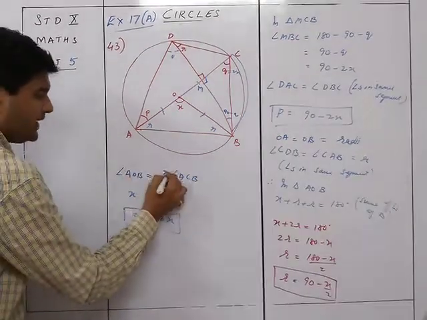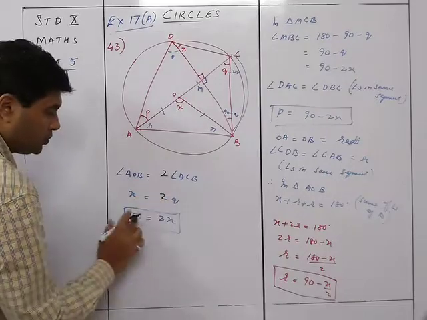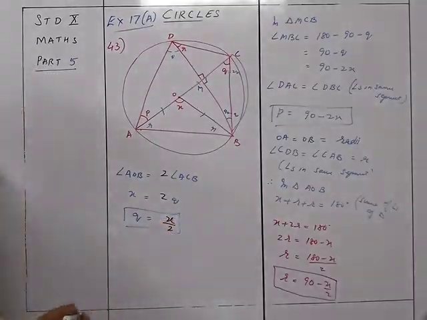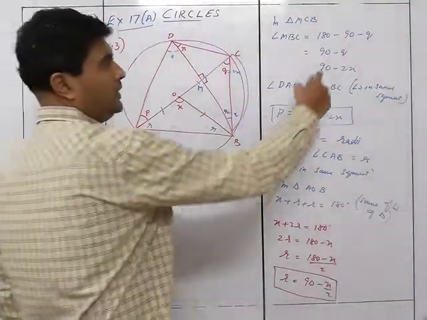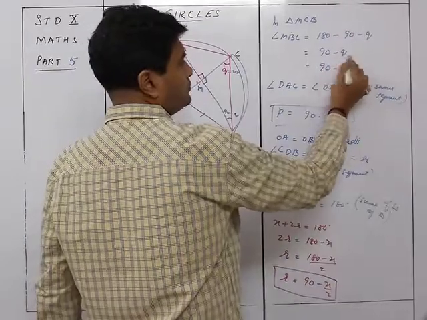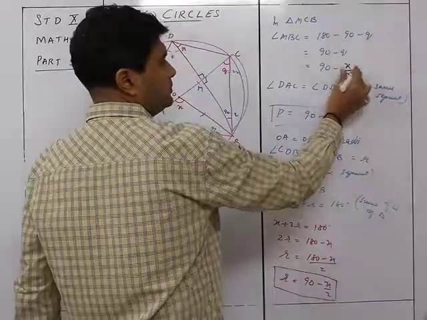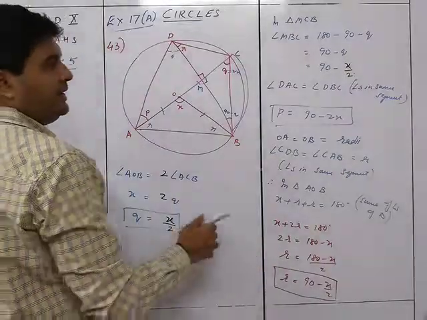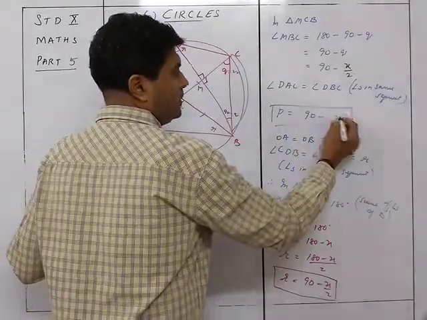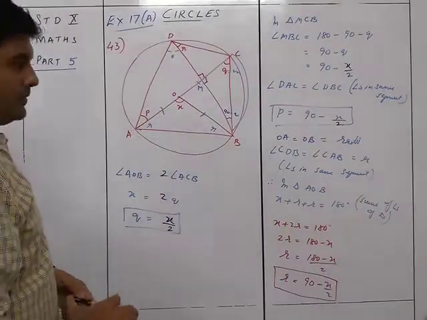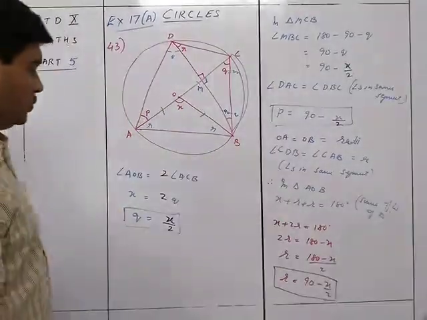This is twice, so Q is equal to x upon 2. That's the first thing. Q is x upon 2. Over here, Q is x upon 2. So that's why it is 90 minus x upon 2. Here we are not using Q, so it's okay.